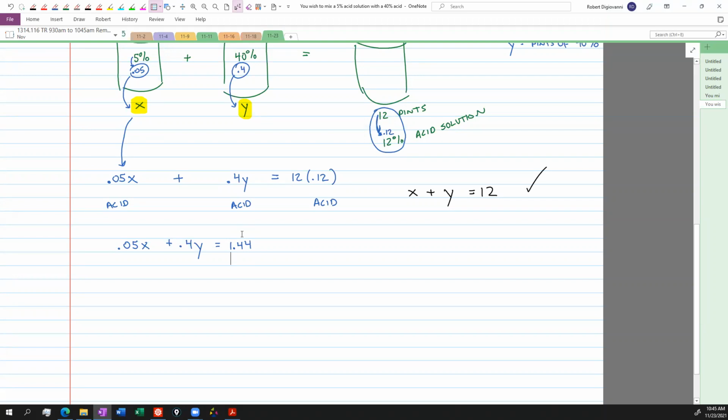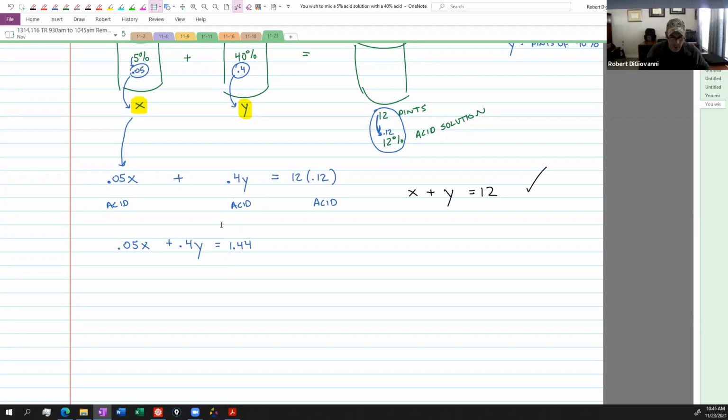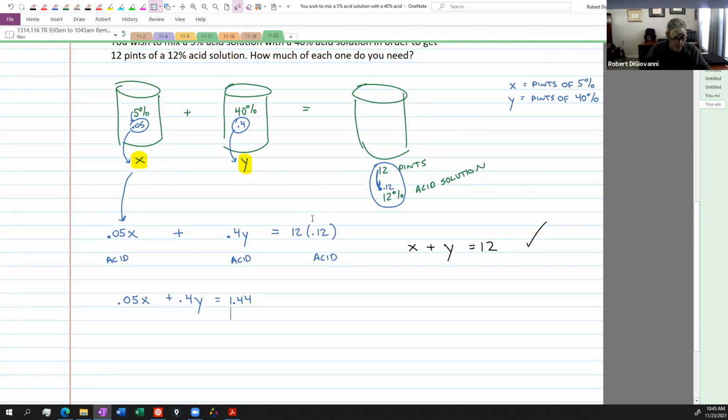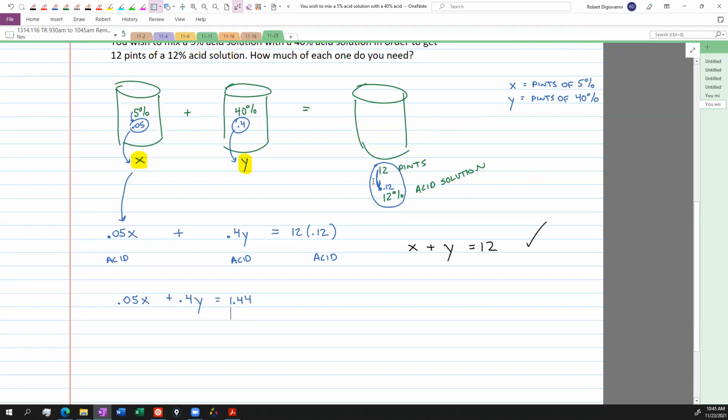For 12 times 0.12, I got 1.44, but for 0.05 plus 0.4, I got 0.45.